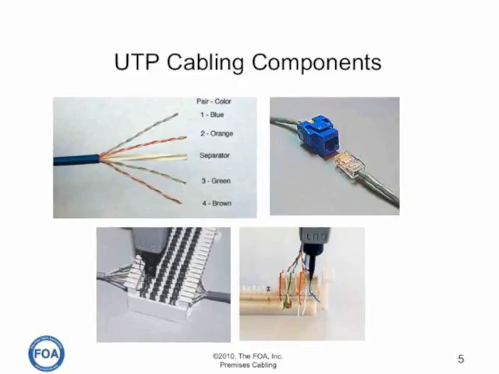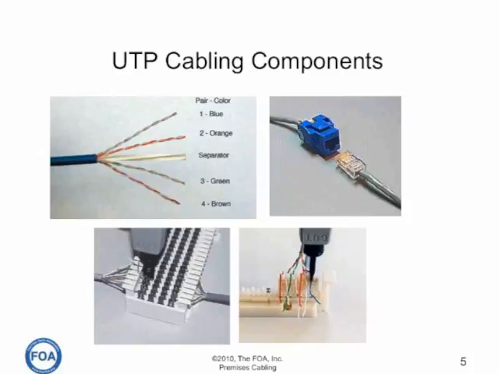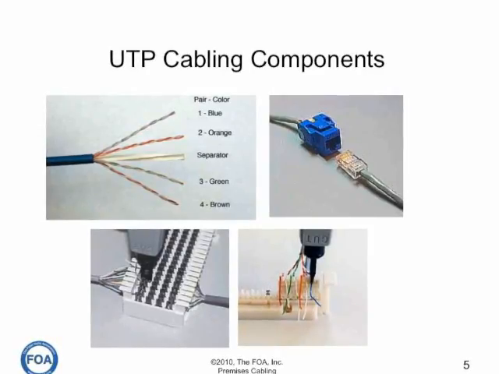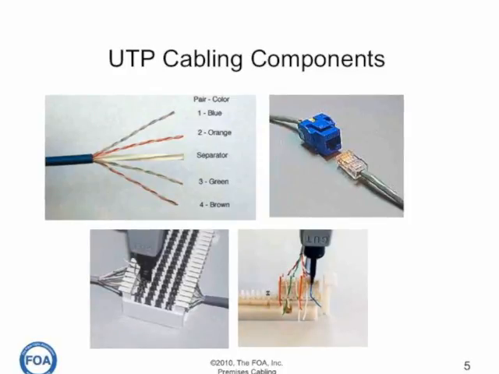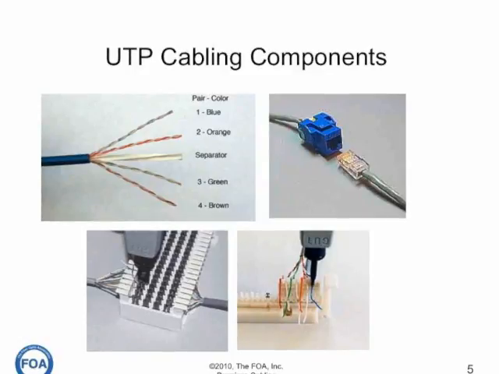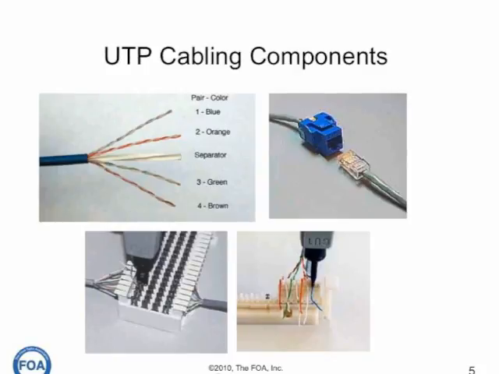The plug and jack, shown on the right, have to be purchased with a performance grade the same as the cable you're using, because jacks for Category 3, 5, 5E, 6, and 6A can all be different to meet the performance requirements. The punch-down block on the lower left side is a 66 block, primarily used in older voice systems, and the one on the right is a 110 block, which was more used in data, and is usually the interconnection used on the back of patch panels.